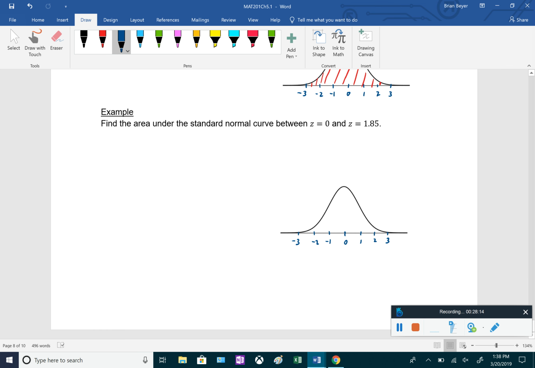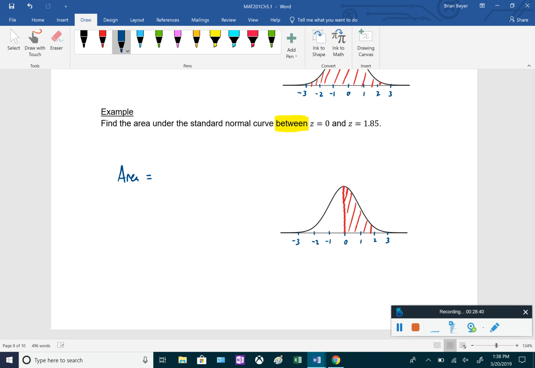Okay, last one here, we want the area between z equals 0 and z equals 1.85. So z equals 0 directly in the middle. 1.85 is up here. So we're looking for this area between them. So it's going to be the area to the left of 1.85 minus the area to the left of 0.